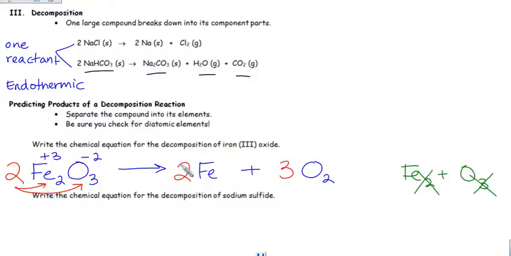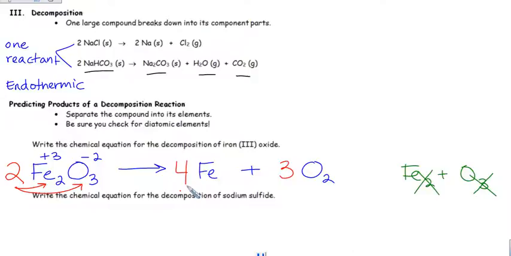Now instead of 2, I have 4. And that's why they call it balancing. But it always works. And it's not that bad. Hopefully, as you balance more and more of these equations, it's just coming easier and easier. If the formulas are right, the balancing should be a piece of cake.